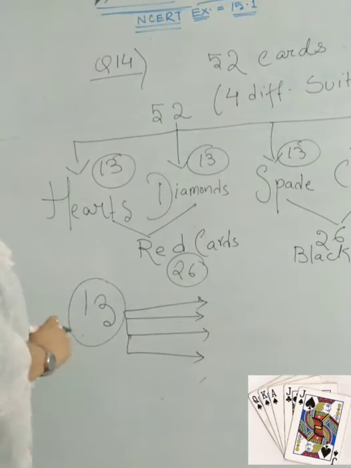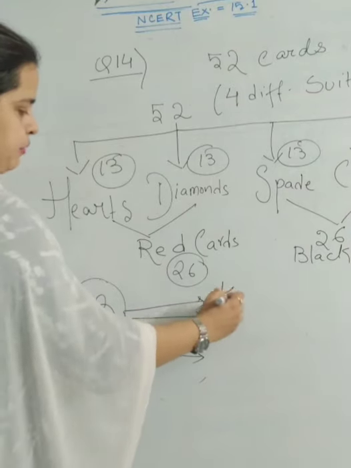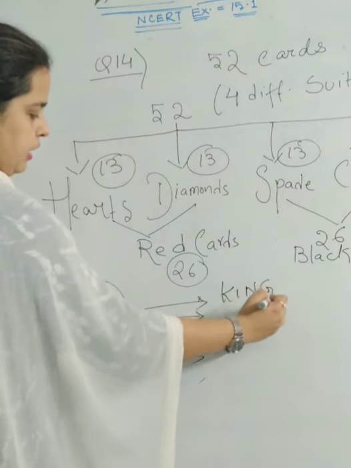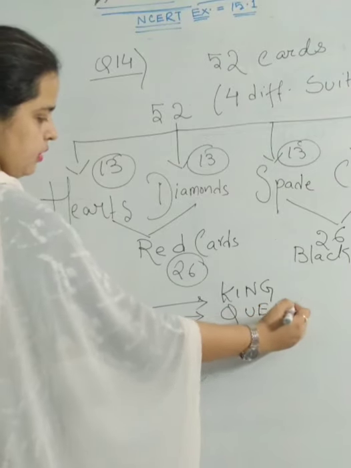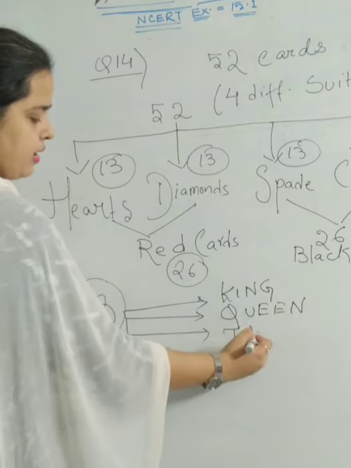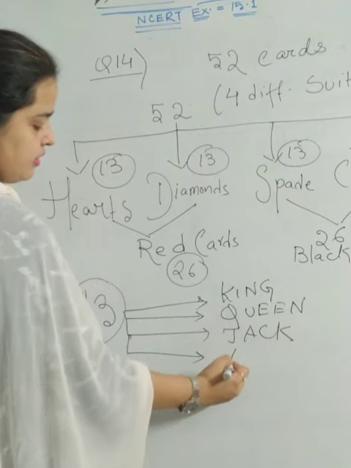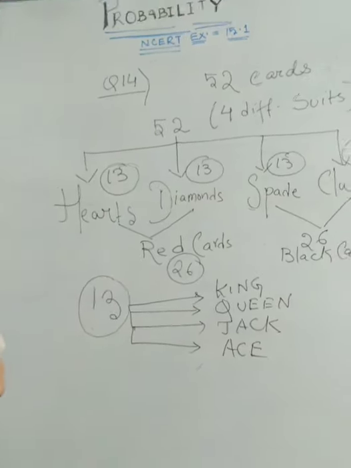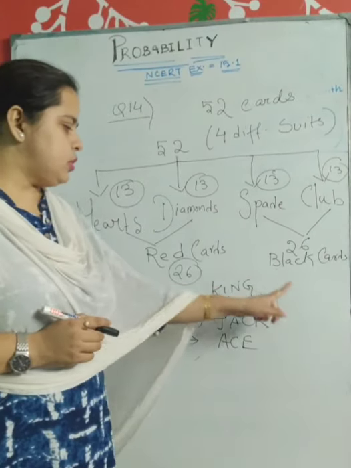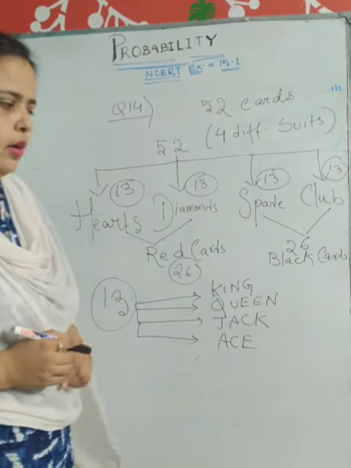There are 13. The first, I'm going to write, we have a king, a queen, a jack and an ace. So 1, 2, 3, 4.